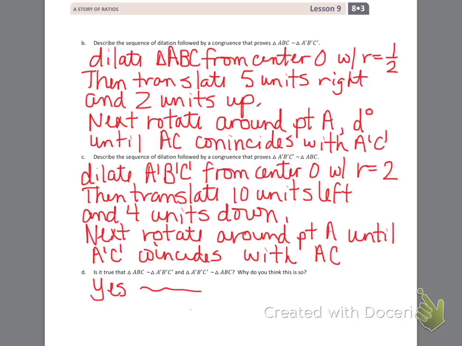Okay, so just to summarize for you what you should have in part B, and it's kind of interesting to look at this: in part B we dilated with a scale factor of 1/2, and we translated 5 units right and 2 units up. Then we rotated around point A d degrees until AC coincided with A prime, C prime.